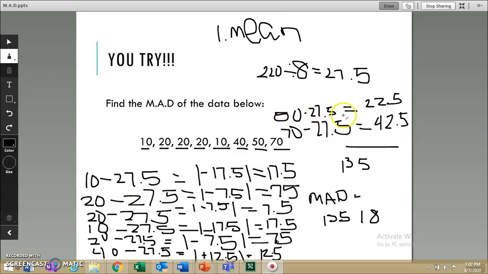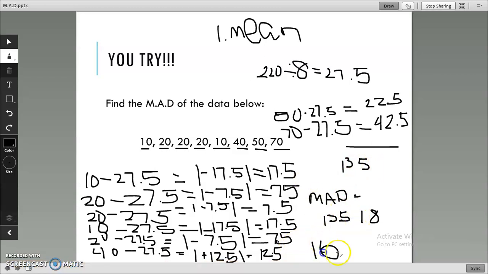Up here, I did not write the absolute value out because 50 minus 27.5 is going to give me a positive anyway. The absolute value is just to remind you that I am finding the absolute value. It has to always be positive. And when I did all of that, I added to get 135, and then 135 divided by 8 is 16.875. So on average, each data point is about 16.875 points away from the mean value of 27.5.